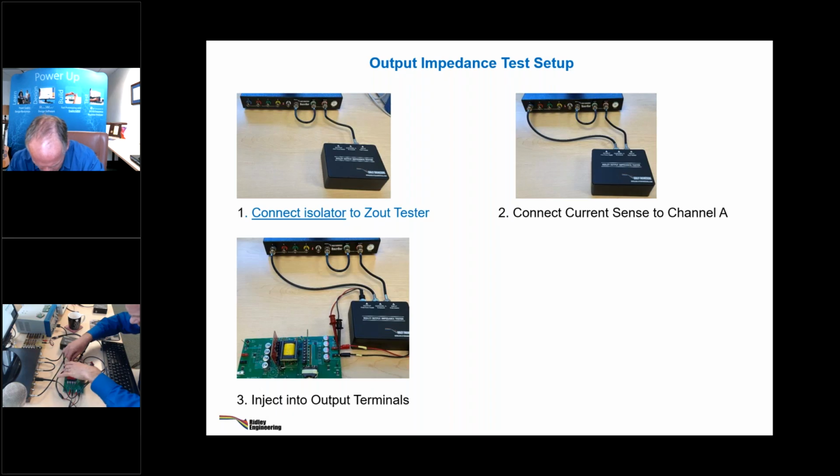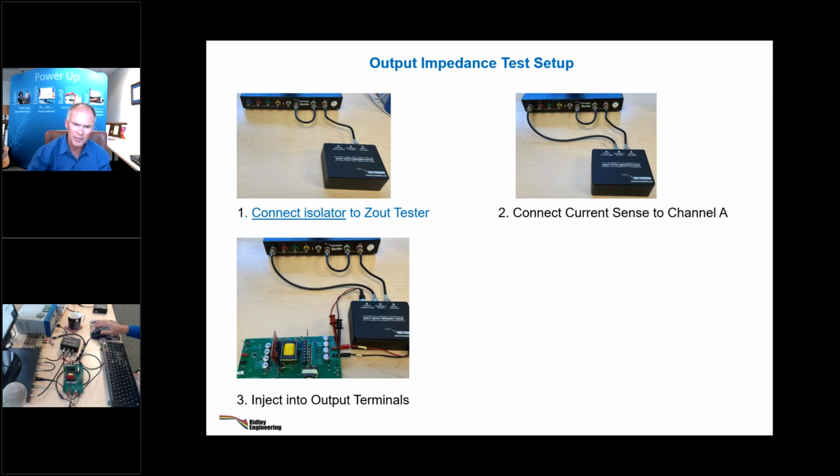I do it this way on these boards. There's all kinds of ways of doing it. We hook onto the little pins here that we're plugging into the board, like so. And then we connect our probe. We don't hook our probe up to the injection point, because if we did, we would measure the impedance of the pins, and we'd measure the impedance of the traces.